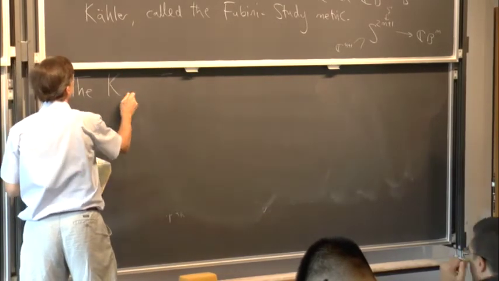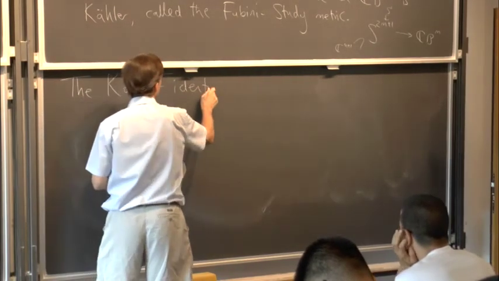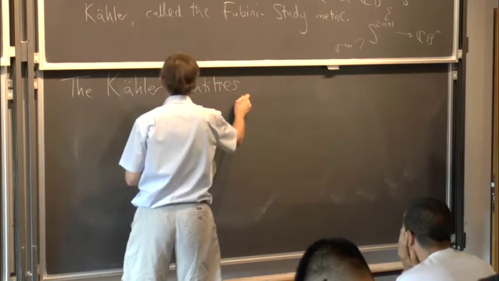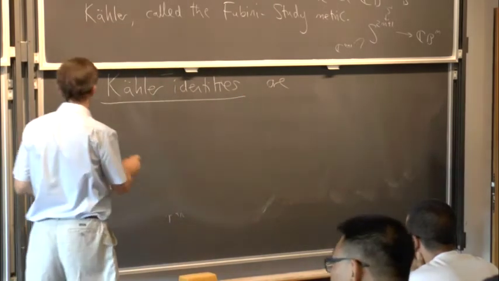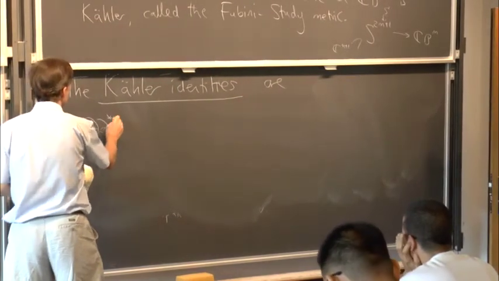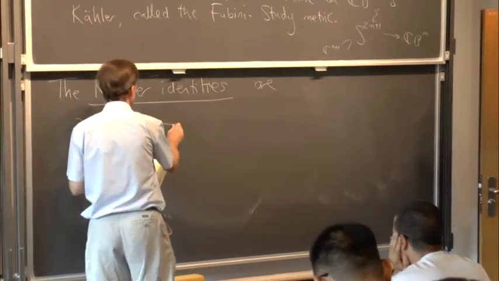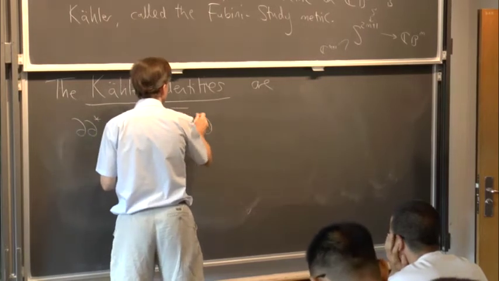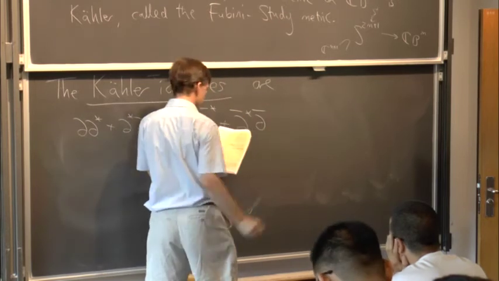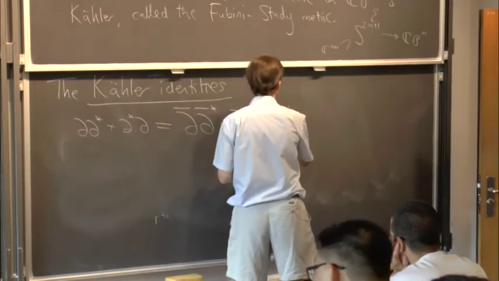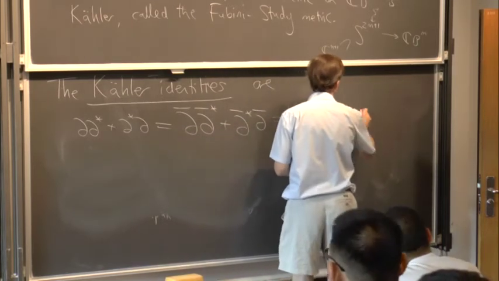The Kähler identities are an equation that curly d star plus curly d star curly d is equal to curly d bar star plus curly d bar star curly d bar. And that's a half of Roman d star plus Roman d star Roman d.